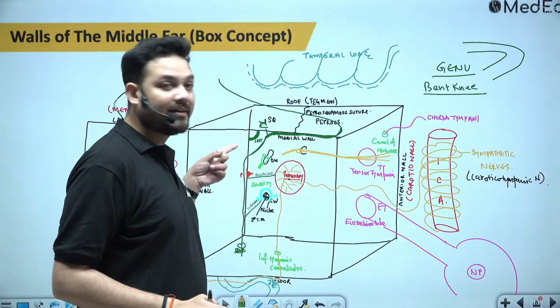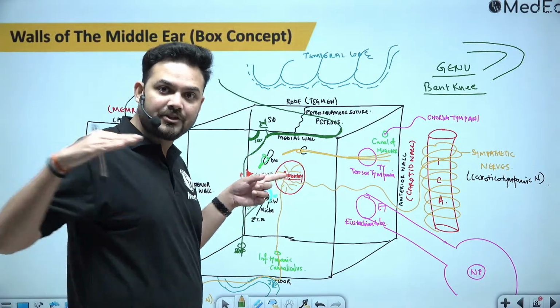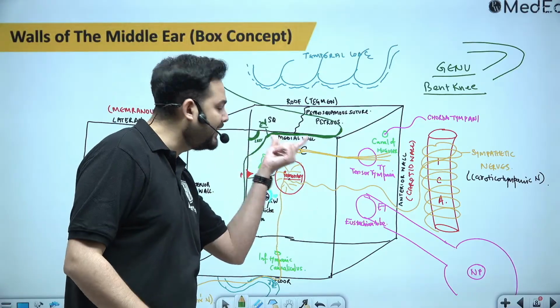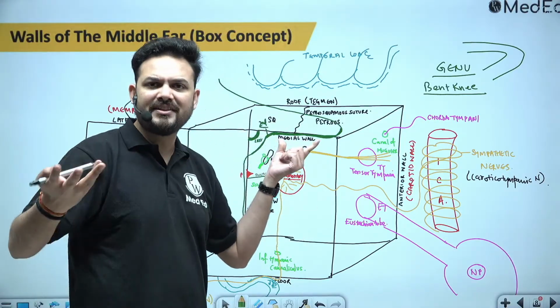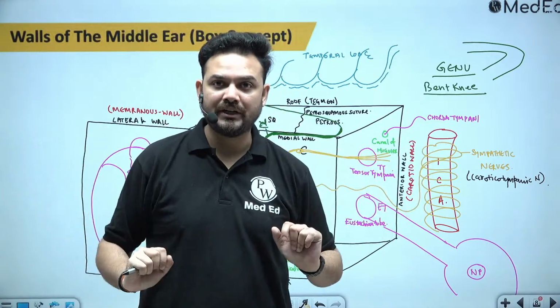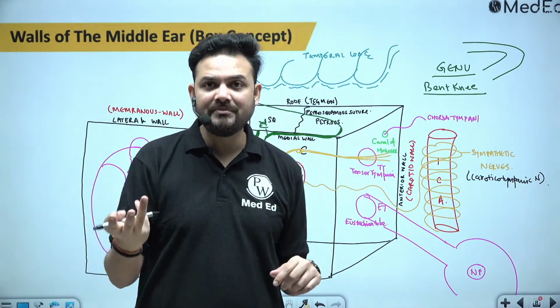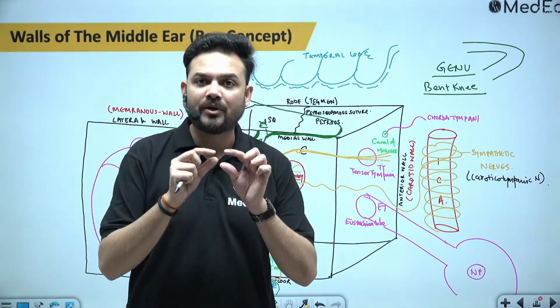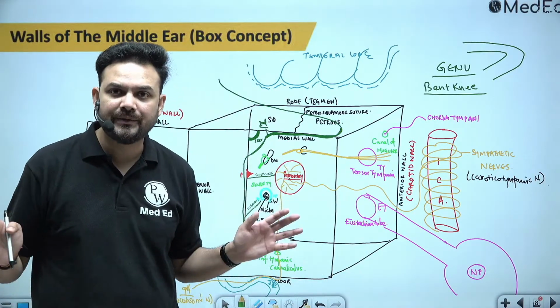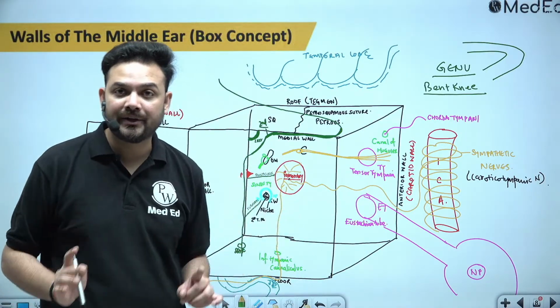The horizontal segment of the facial nerve. The transverse segment or horizontal segment of the facial nerve. On this wall, the horizontal or basically we can say the tympanic segment of the facial nerve. So there are three names to it. You can call it the transverse, the horizontal segment, or the tympanic segment of the facial nerve. Any of the three is related to the medial wall of the middle ear.